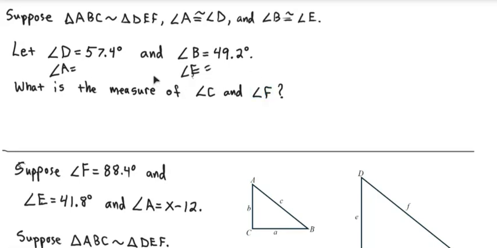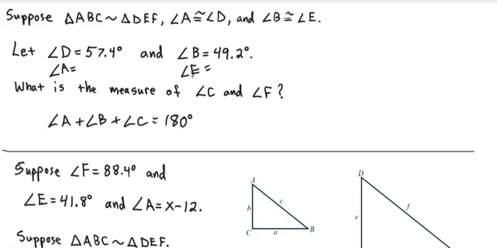Well, if we know that A is 57.4, here, let me get my pointer. If we know that A is 57.4 and B is 49.2, well, we know that the sum of angle A and angle B and angle C is equal to 180 degrees, right?